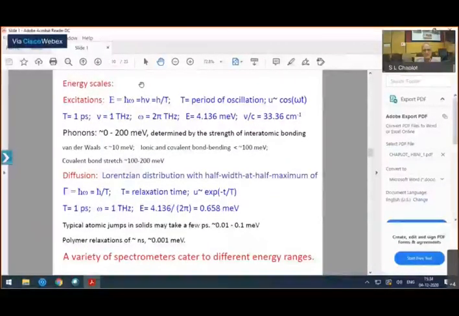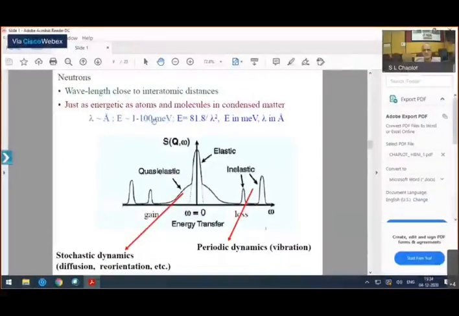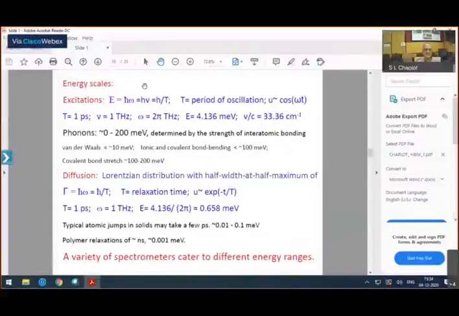Okay, now let's look at what energy scales we are talking about. We already said that these are the thermal neutron energies we have, but why do we look at these energies? As far as the excitations are concerned, as I said, E equals h cross omega.